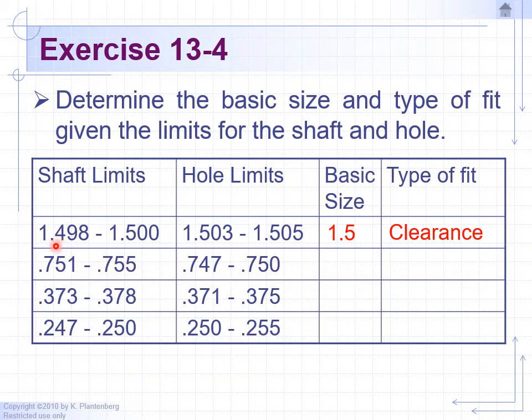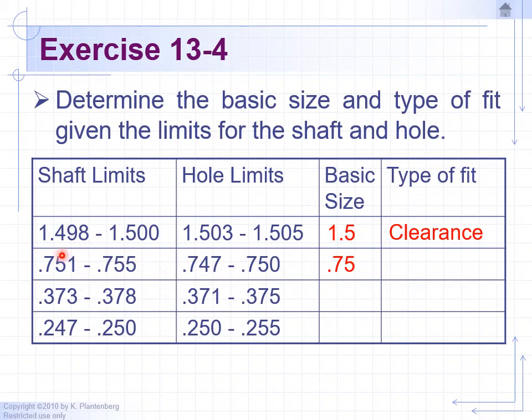Okay, so in this case, if we were to round off, we would have a basic size of 0.75, 3/4 diameter. Okay, so in this case, if we take a look at the shaft and the hole, the hole is always smaller no matter what.